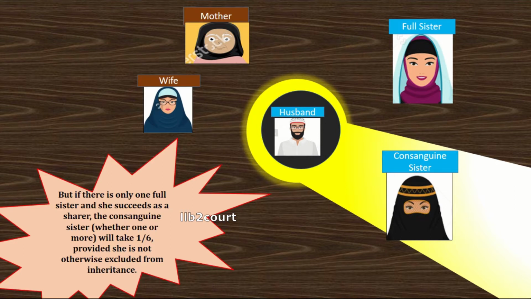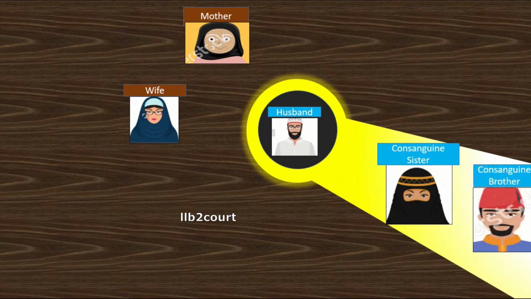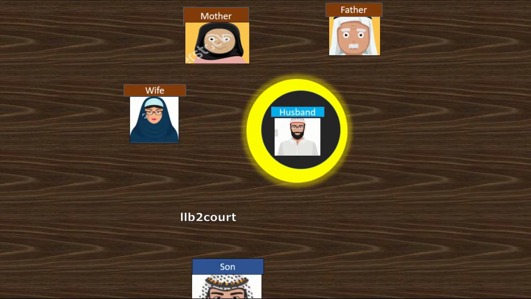If there are two full sisters, she won't take. Only if there is one full sister, she will take 1 by 6. With a consanguine brother, she will become residuary, and as we have seen with son's daughter and sister-brother relationships, the male will take double the share. Here also the brother will take double the share of a sister.